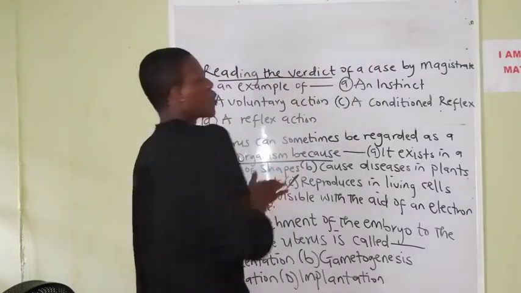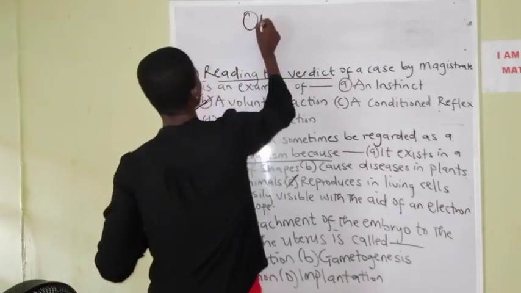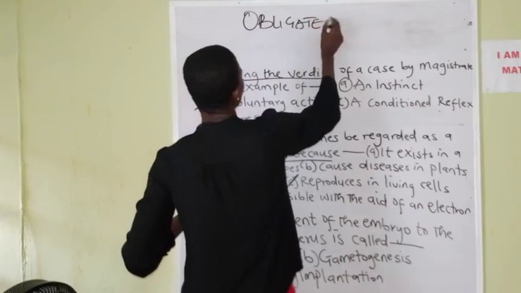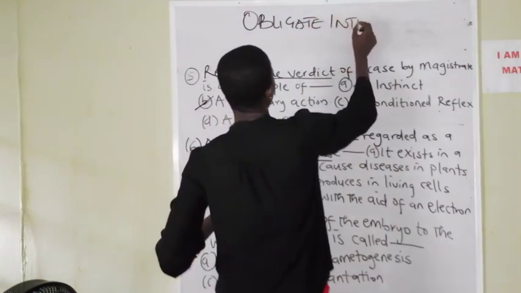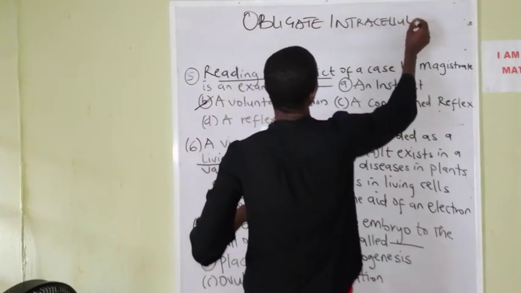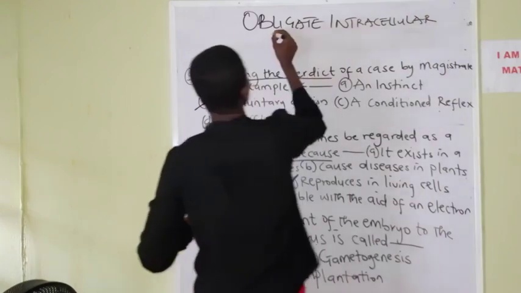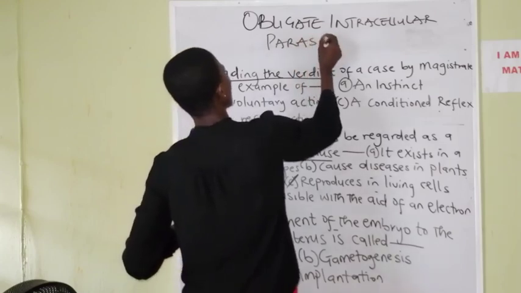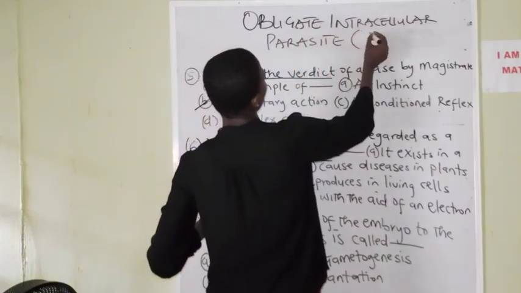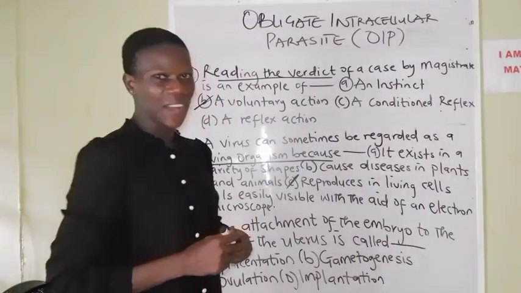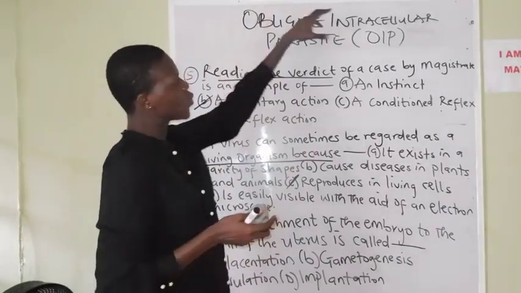So they are referred to as obligate intracellular parasites, which you can otherwise call OIP.